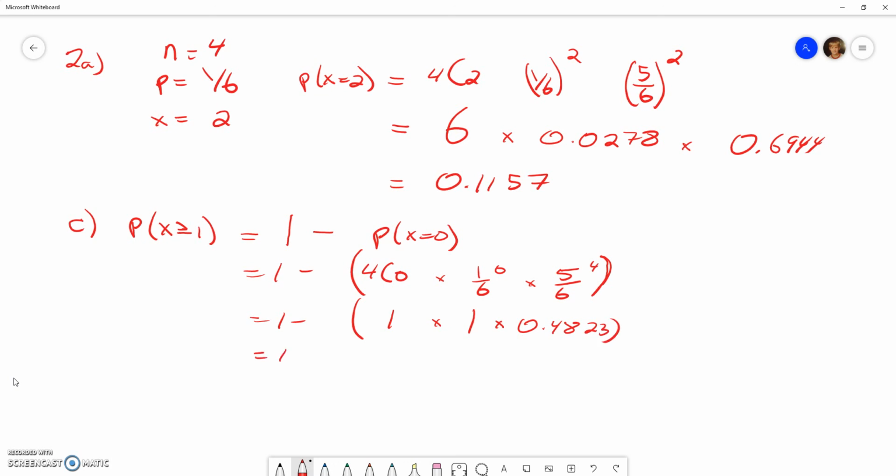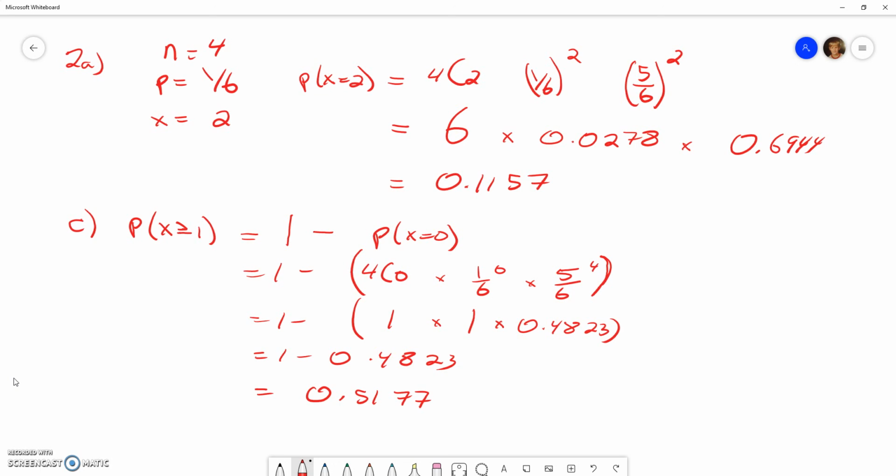So our answer is going to be 1 minus 0.4823, or an answer of 0.5177. So basically a 51.77% chance of at least 1 out of the 4 dice showing a number 3.